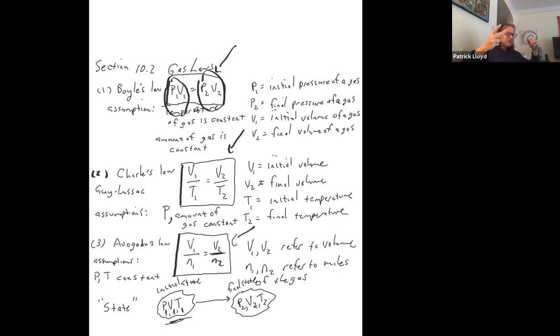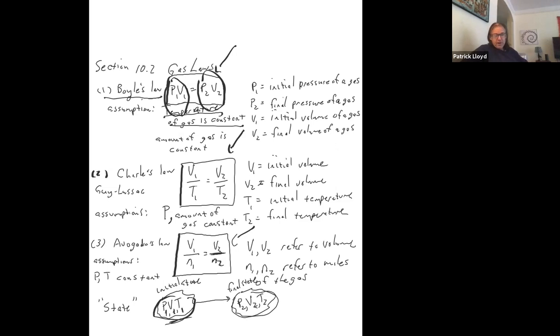Notice it only has two variables, pressure and volume. It doesn't have three. I said you got to have three. Well, the reason that it only has two is because for this law to work, the assumption is that the temperature is constant. So if you make one of the variables constant, we can just remove it from the equation altogether. And so that's the usefulness of Boyle's law and Charles's law and Avogadro's law, is that they're taking these initial and final states, which have three variables.